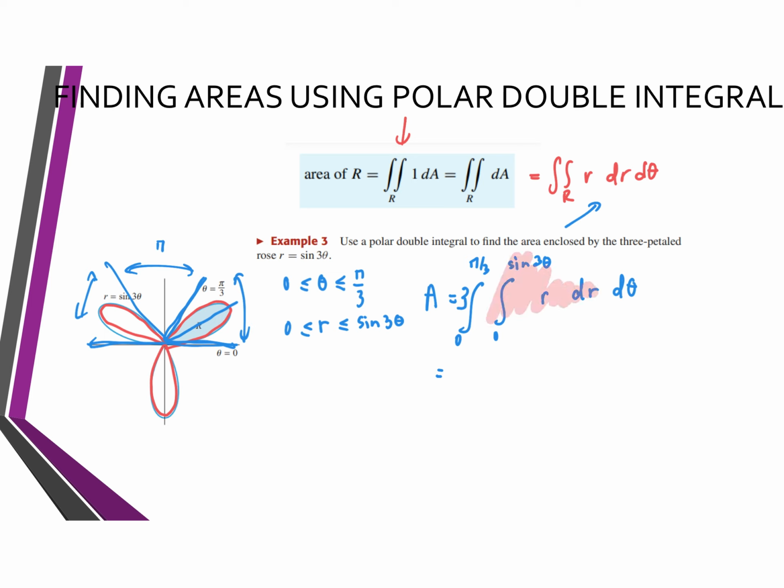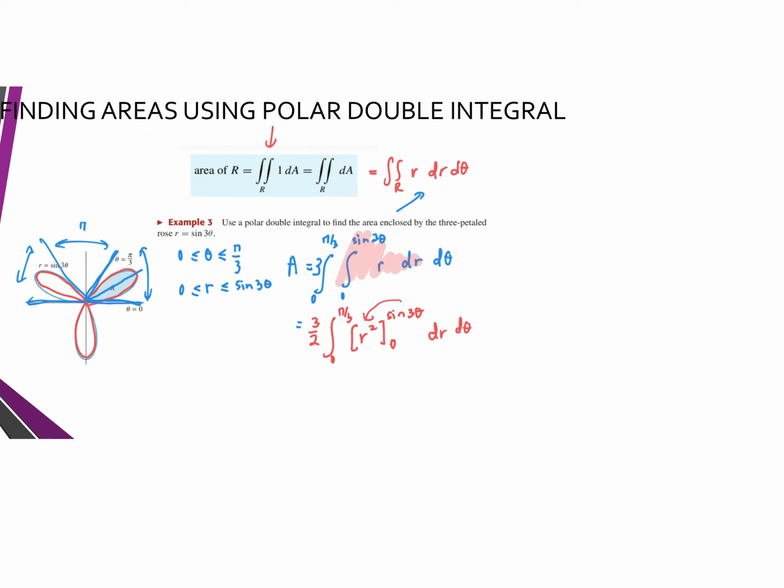We will have 3 over 2, r square, d theta. And then we substitute the value of r here.